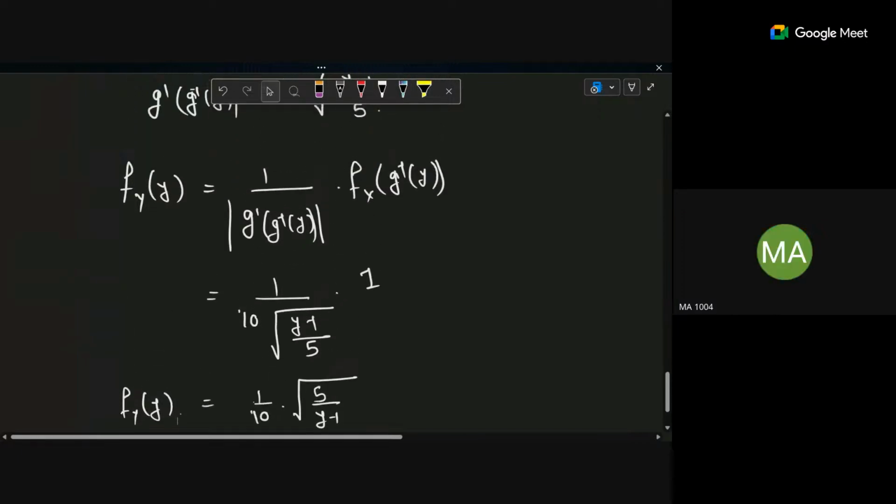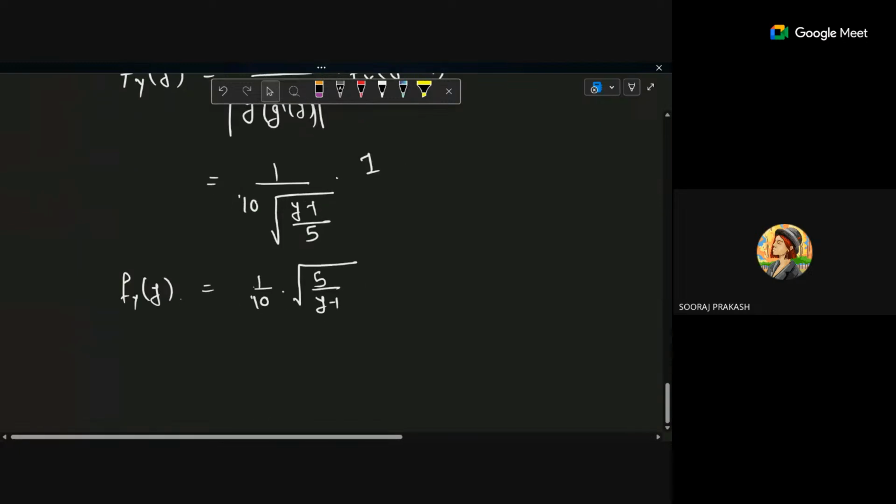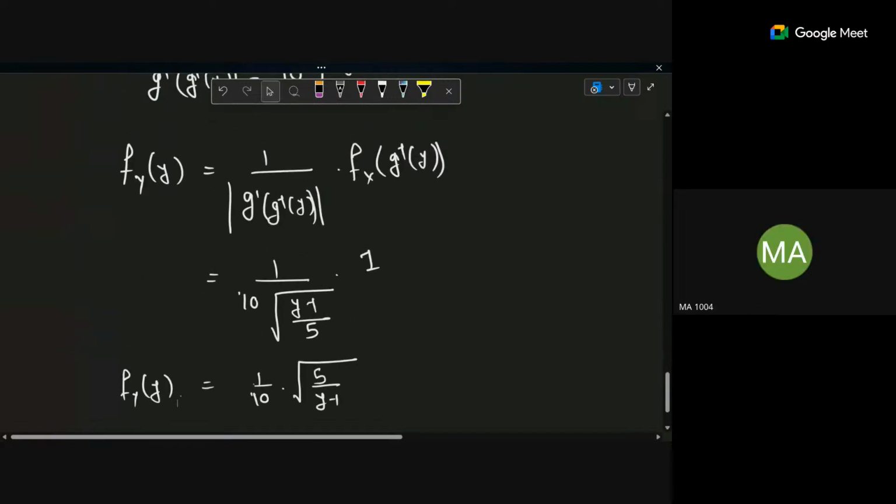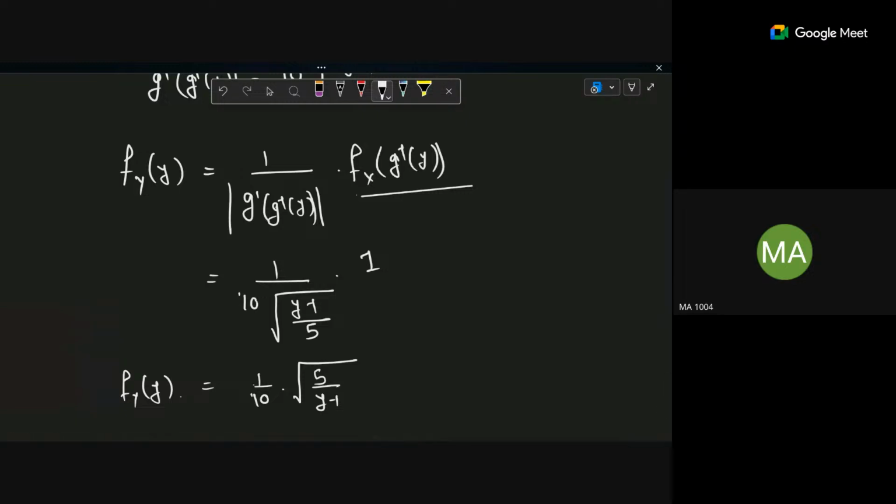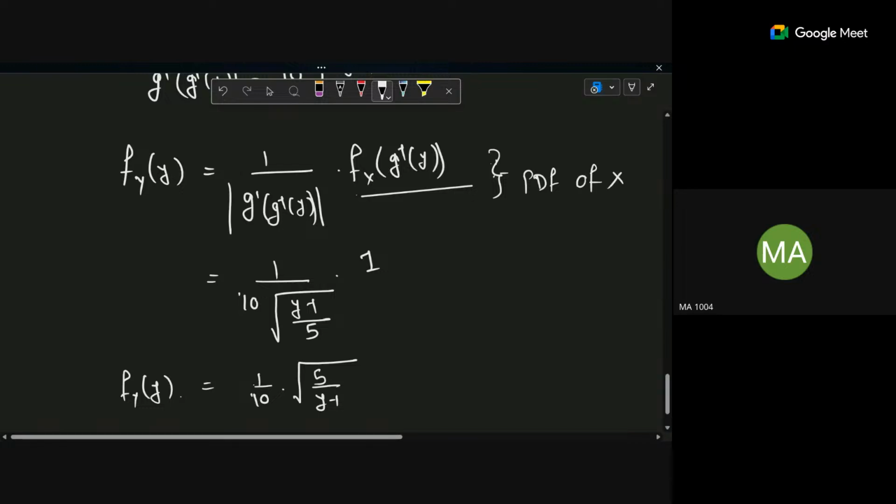Can you say how we got that one? I actually missed that point. Okay, so what is this? f_X of g inverse of y. This is the PDF of what? It is the PDF of x, right? And what is your x?